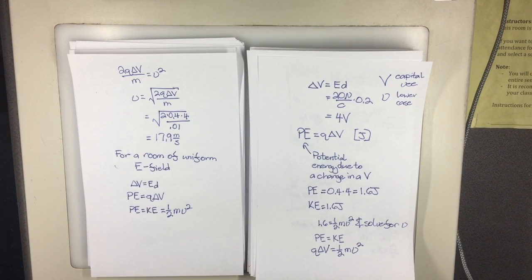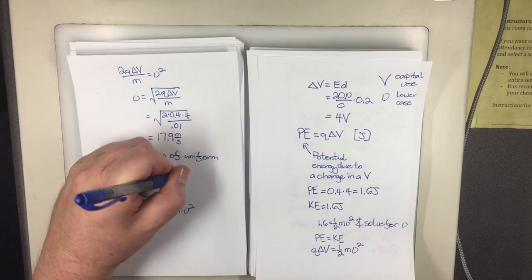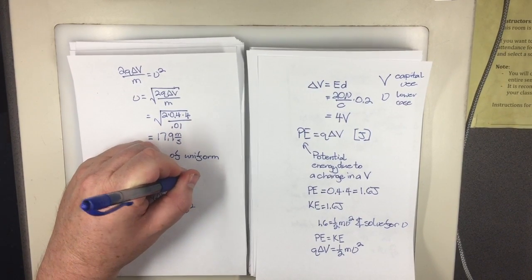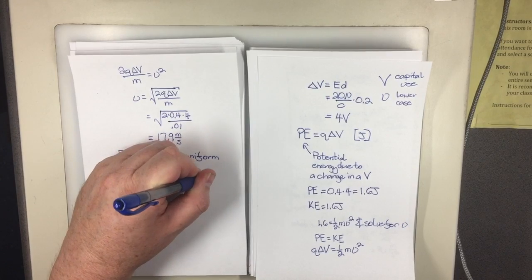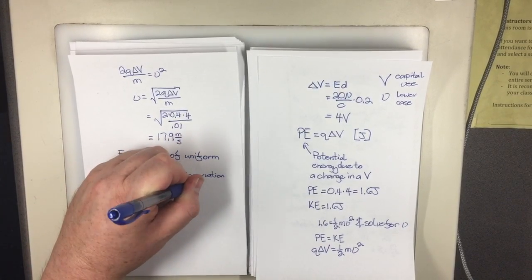And so if you have a room of uniform E field, that is what you do. You figure out what the E field is, you figure out the distance that it traveled, and then you start plugging it in and working it through this. And because there is no friction, you use the conservation of energy.